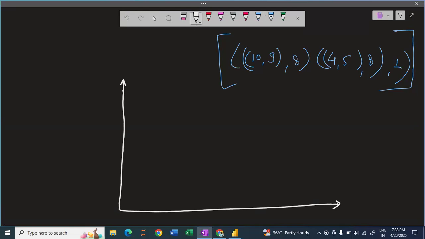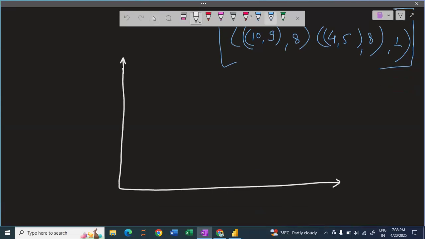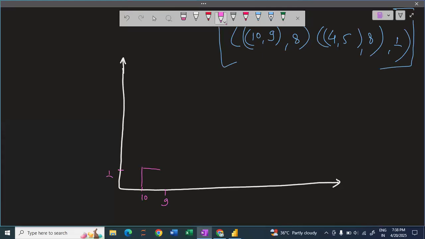So I can write 10 and 9. And the distance is 1. This is your 10. Now again, we have a cluster that is 8. And the distance is 2 compared to 10. Okay, so this is 2. So it will be like this.